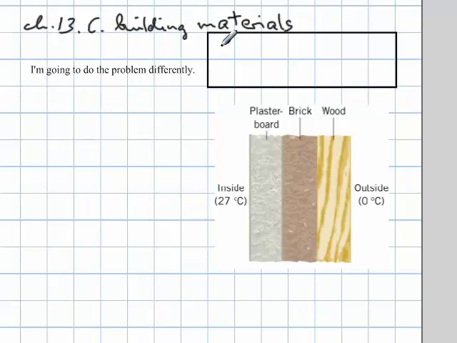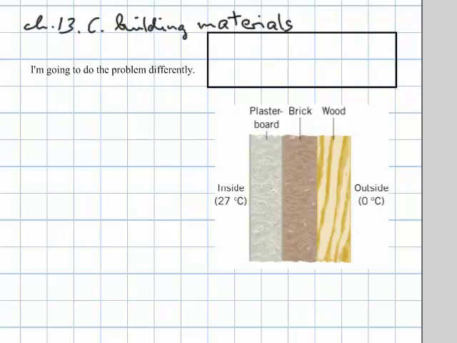So that means I want to determine a K total or equivalent conductivity of these three materials, and I should specify that a little bit better because the conductivity depends on, well, the building material, but it also depends on the distance of each of these materials.